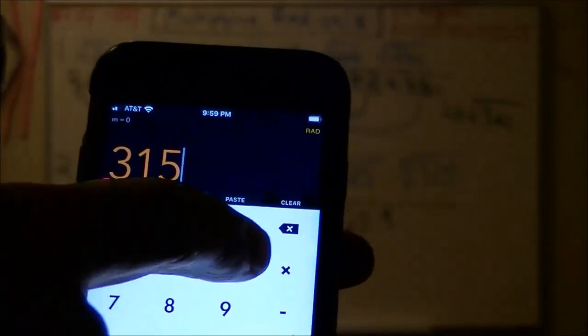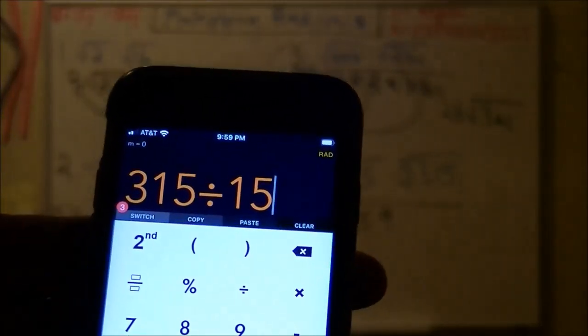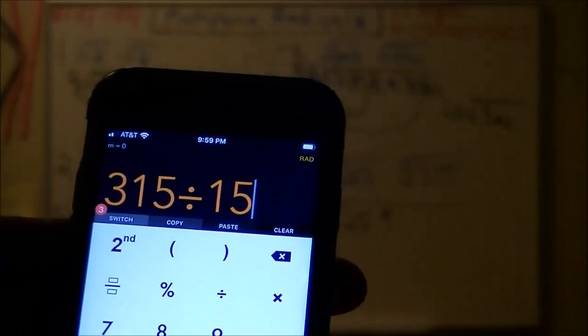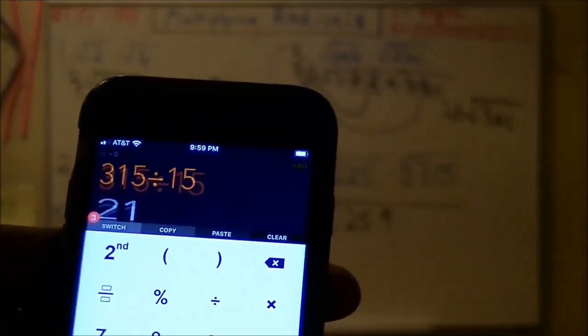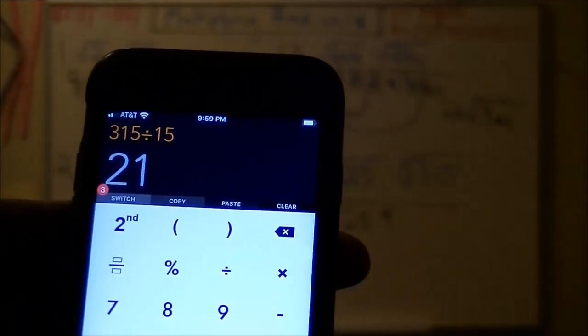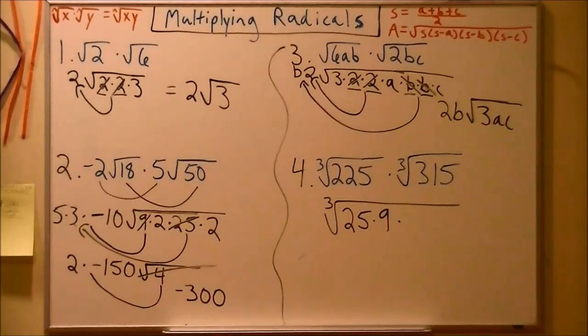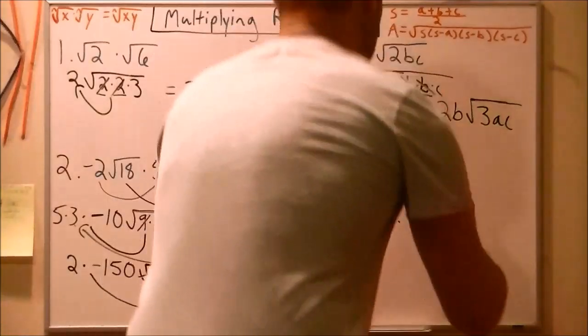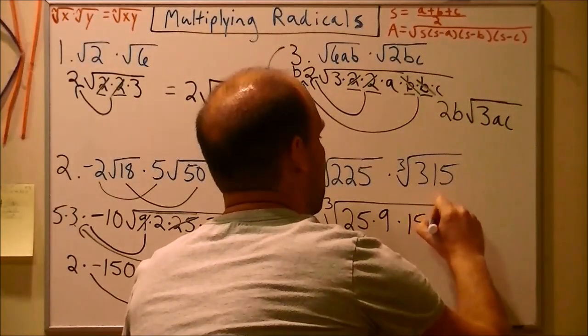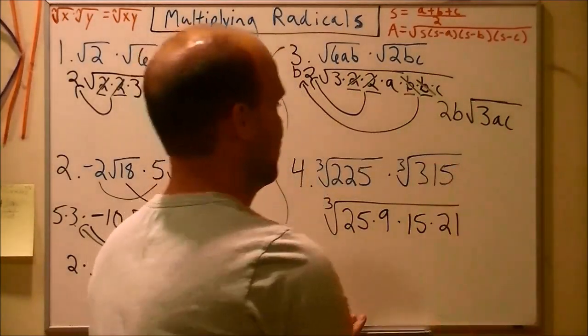I'm going to hope and pray and divide by a good sized number to speed up this process of prime factoring down. Divided by 15. It's a beautiful thing, isn't it, when it comes out to be an even number. Okay, 15 and 21 are 2 factors of 315.